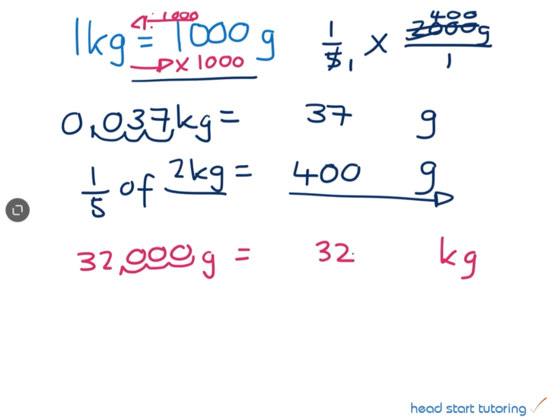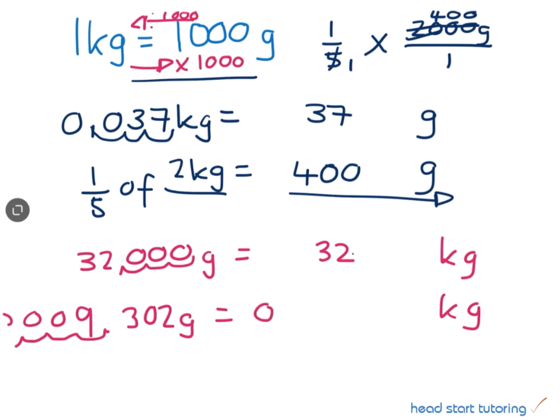If I would like to work out what 9.302 grams is in kgs, even though this is quite a small number already, we will still have to divide by 1,000 to get 1, 2, 3. We put in our placeholders and we end up with 0.009302 kgs.